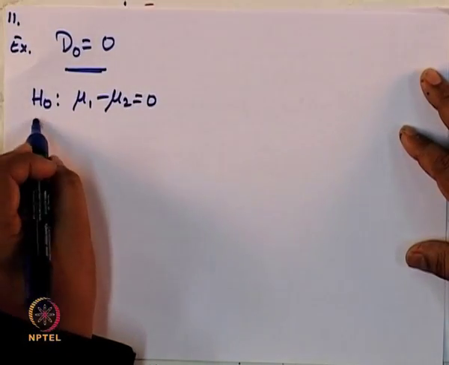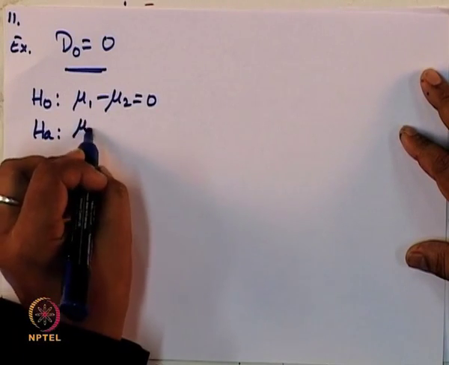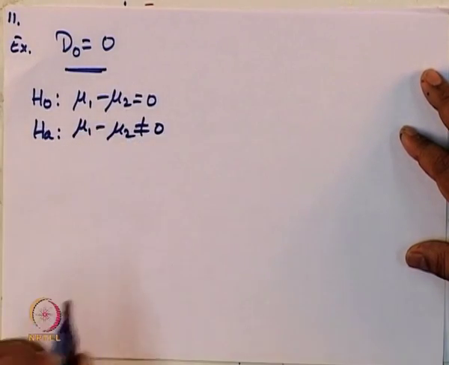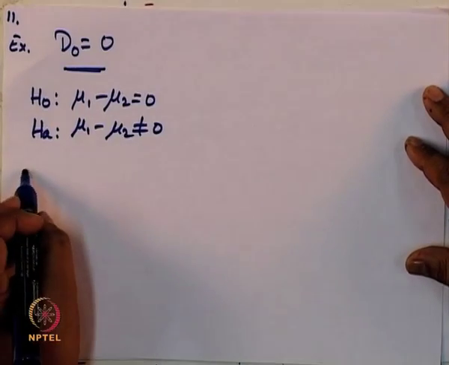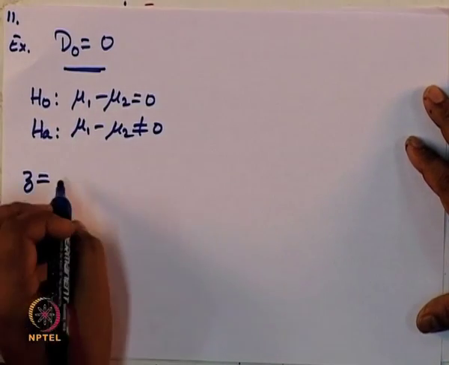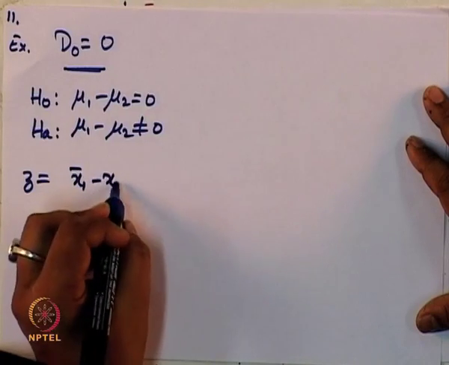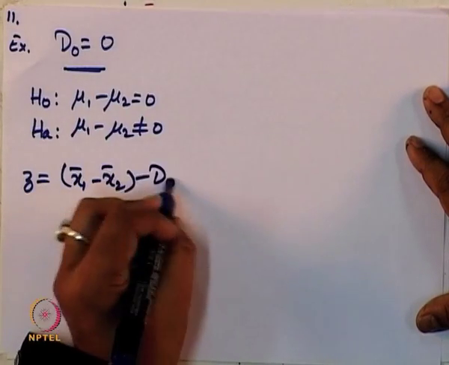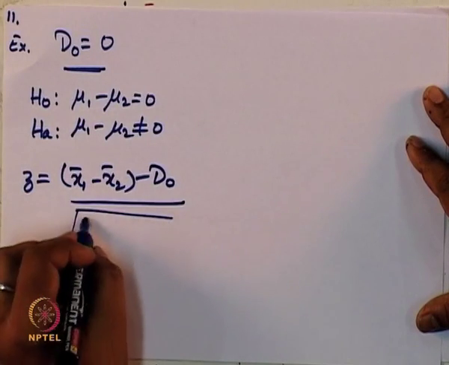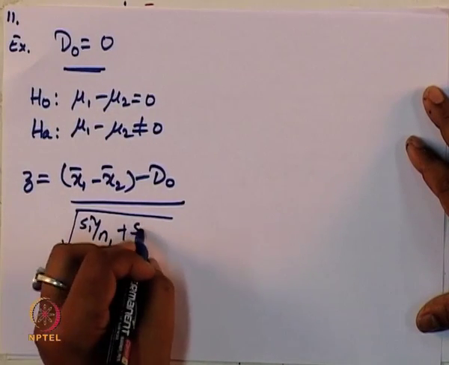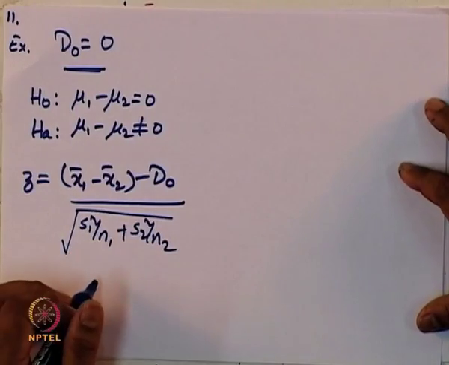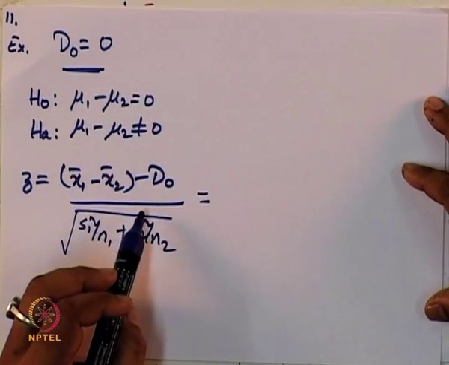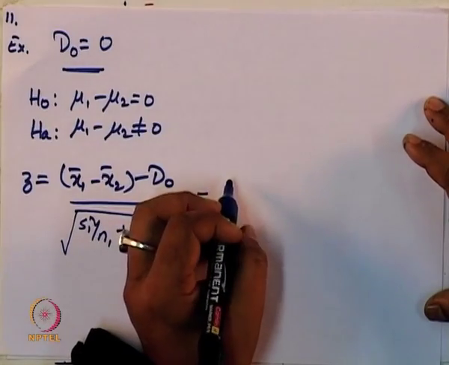So your H naught is mu 1 minus mu 2 equal to 0 and H a is mu 1 minus mu 2 not equal to 0. In the general case, z, the test statistic, has to be defined as follows. Since for this particular case our d naught is 0, we can simply put in these values.